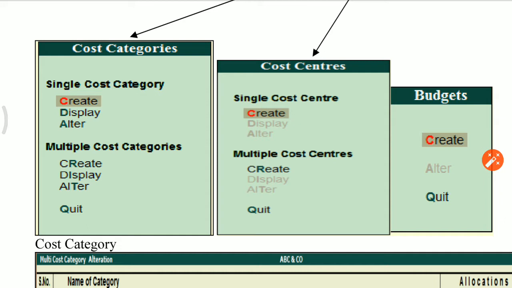If something is in shortfall, then management will immediately understand that funds are required for that particular budget. For example, expenses budget, capital expenditure budget.